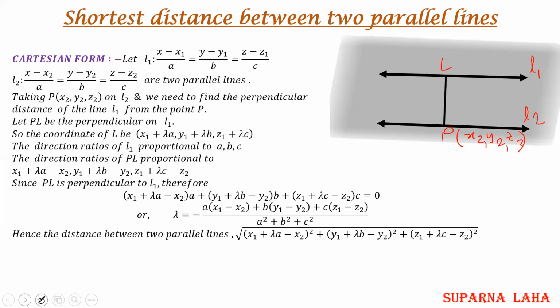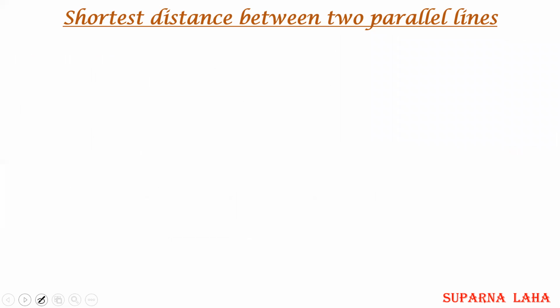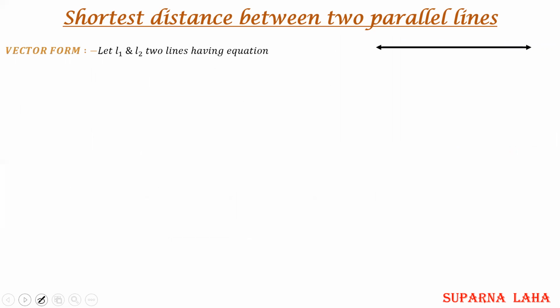Now if we move to the vector form, same thing, let us check how to represent the shortest distance between two parallel lines in vector form. So here I am taking two lines L1 and L2.